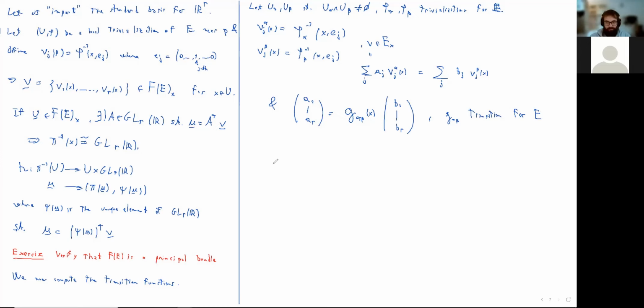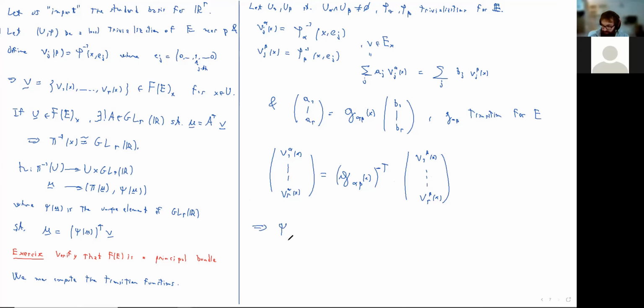So from linear algebra, what you get is that V1 alpha of X through V r alpha of X, as vectors, is G alpha beta of X to the negative T times V1 beta of X through V r beta of X, meaning the inverse transpose or transpose inverse, it doesn't matter, they commute. And this is something that is very easily forgotten: if the coordinates vary with this matrix, then the vectors themselves vary with the inverse transpose.